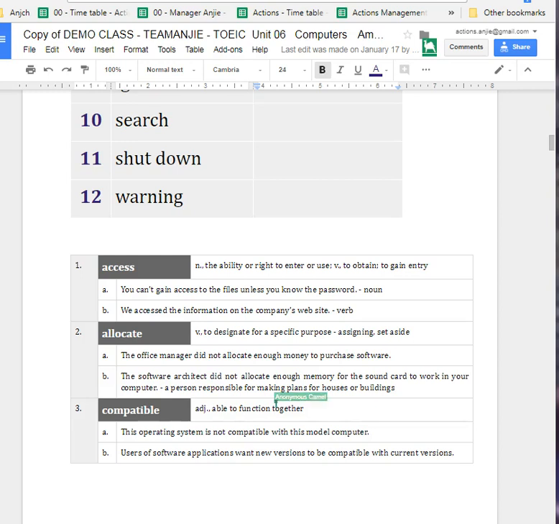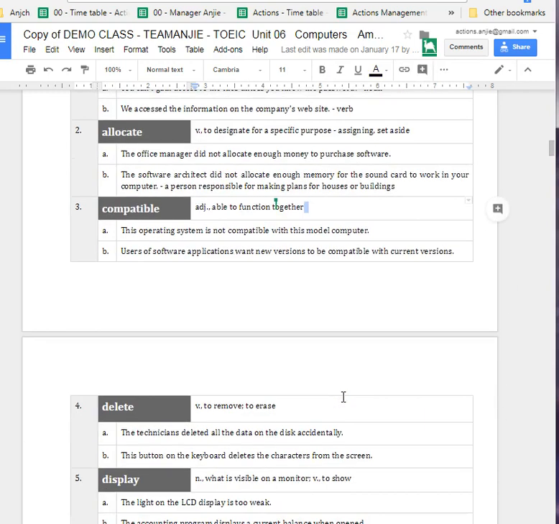Okay, moving on. The next word is compatible. Compatible is an adjective. Adjective means it is a describing word. So compatible means to be able to function together, to be able to work well together.